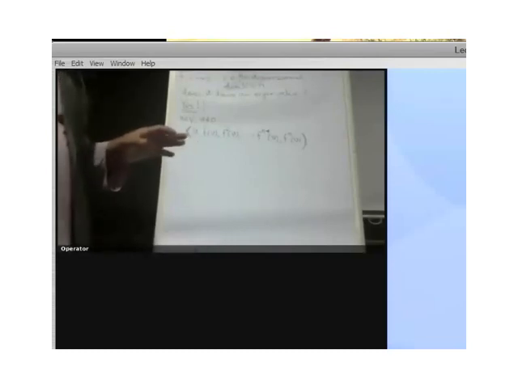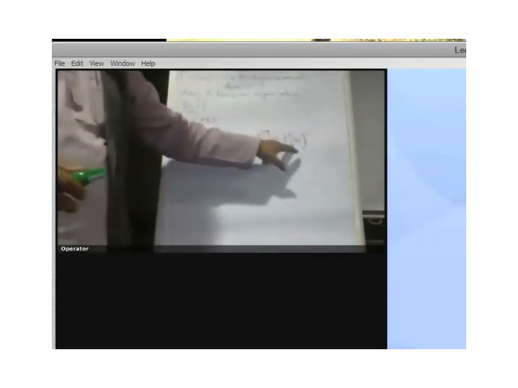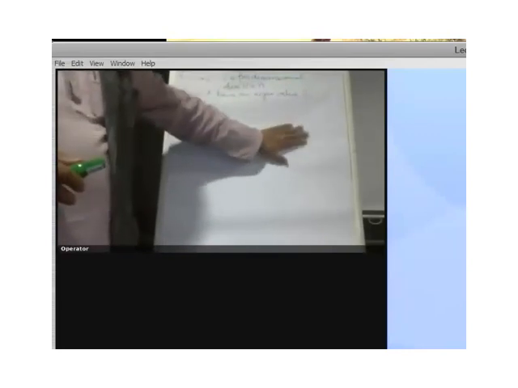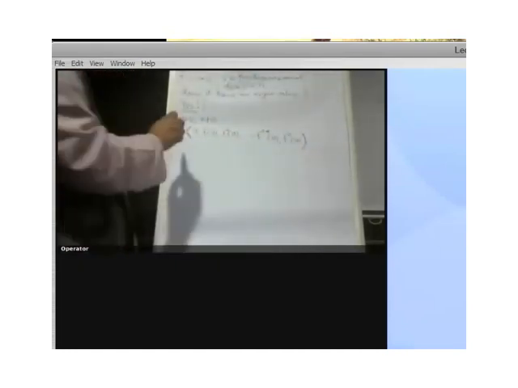How many vectors are there in this list? Infinite? No, how can it be infinite? N? Yes, sir. How many? N plus 1. There are n plus 1 vectors.